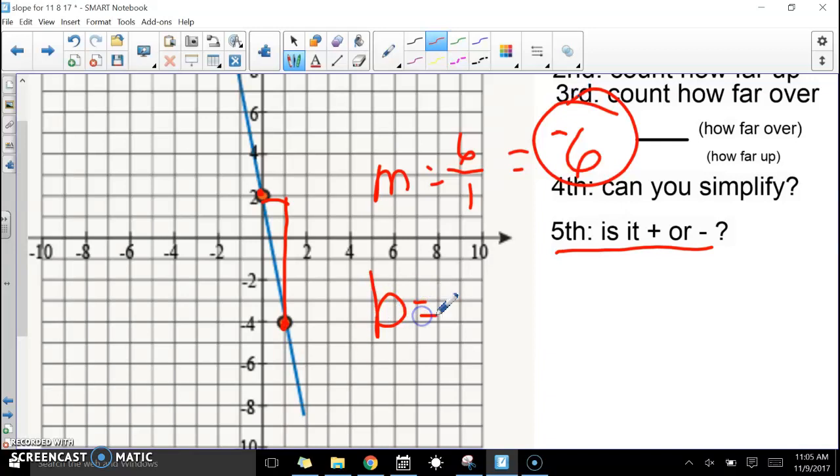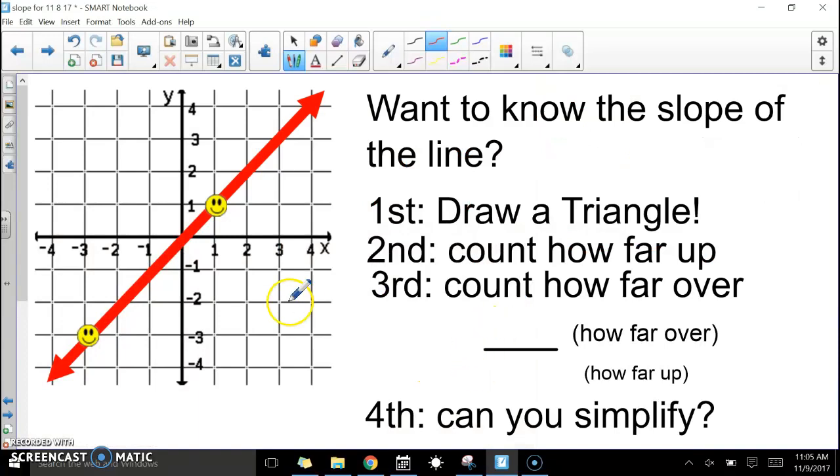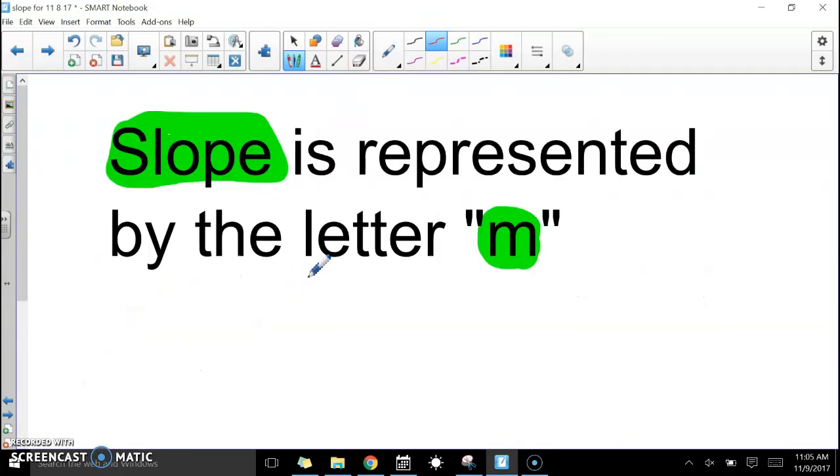My y-intercept, which is represented by b, my line intercepts my y-axis at 2. So b is 2. If I wanted to identify my y-intercept for this one, b equals, and it crosses through the origin, so b equals 0.